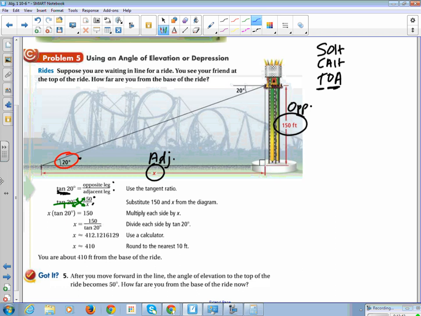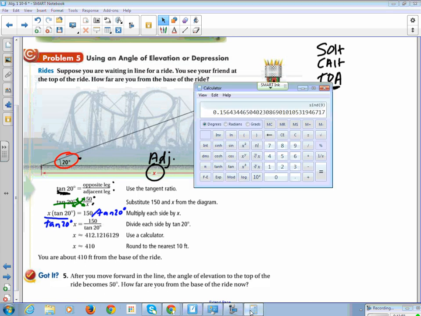The next thing we're going to do, so we can solve for x, is divide by tan of 20 degrees. And 150 divided by the tan of 20 degrees is a simple calculator check. So you get 150 divided by tan of 20 equals 412.12. We want to round to the nearest 10 feet. We get 410.